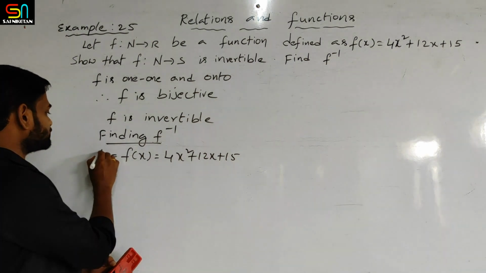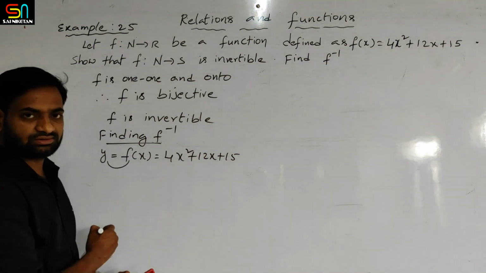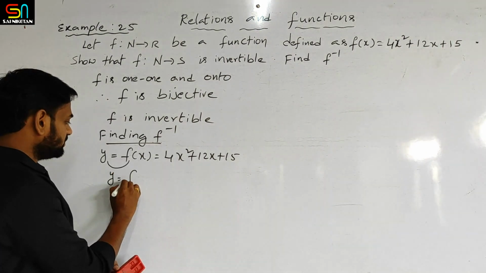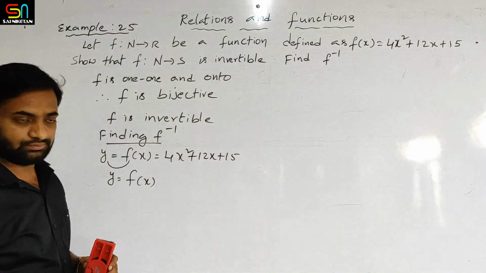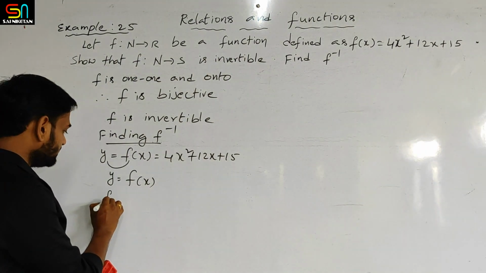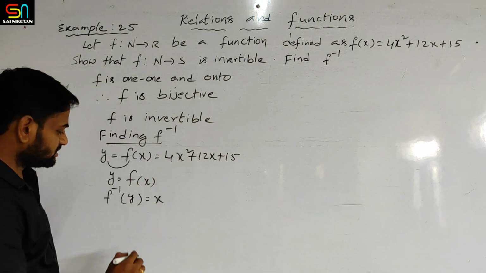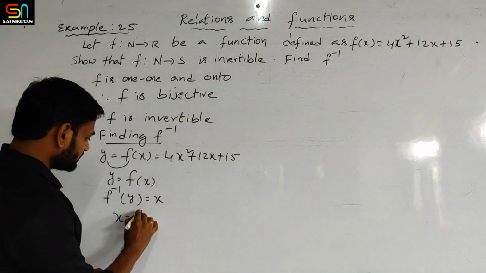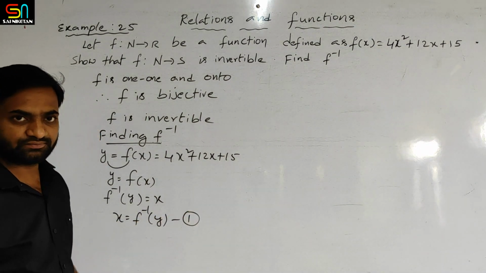Take this function as y. Now take these two, that is y equal to f of x. From this one, what is the x value? Send the f to this side. Then it will be f inverse of y is equal to x. So x equal to f inverse of y. So it is equation 1.